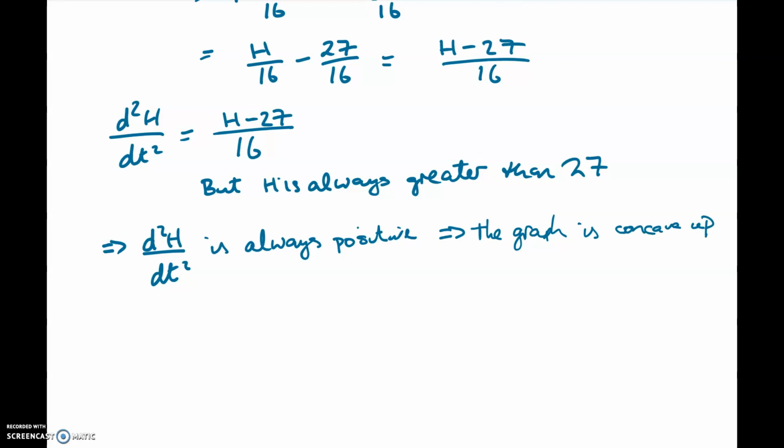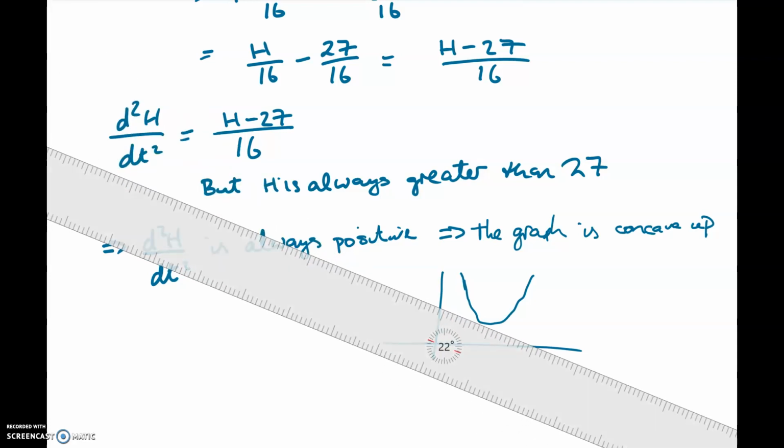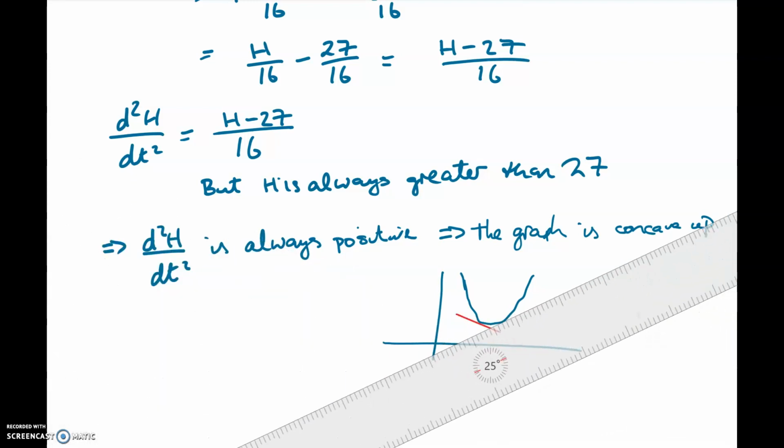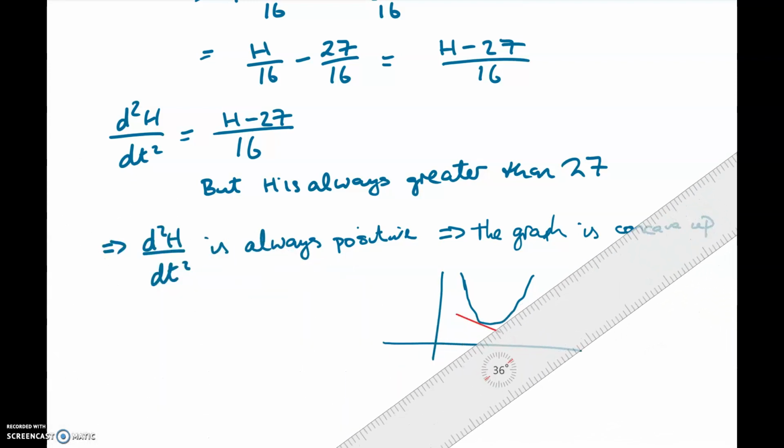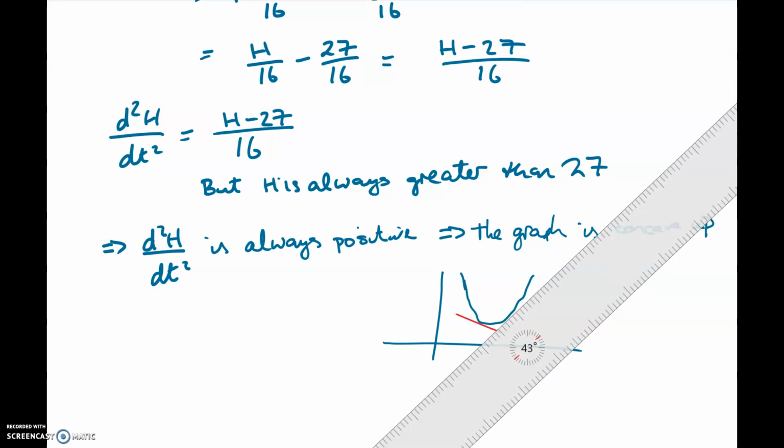Now, you draw a graph that's concave up. Just a simple graph that's concave up. It doesn't have to be a particular graph. And now we'll draw a tangent. If you draw a tangent to a graph that's concave up, any tangent that you draw to a graph that's concave up is always going to be below the graph itself.